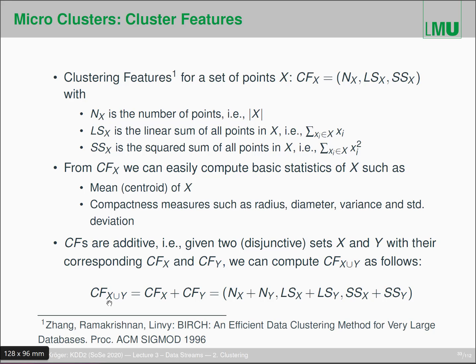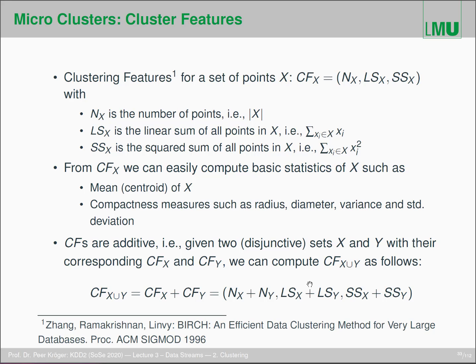So the cluster features for the union of x and y are just the cluster features of x plus the cluster features of y. The number of points in x union y is the number of points in x plus the number of points in y. Makes sense? The same holds true for the linear sum, and obviously for the squared sum. That is a very important property.